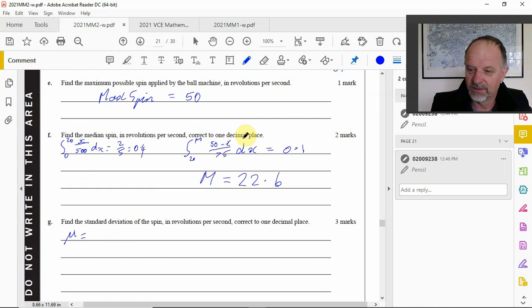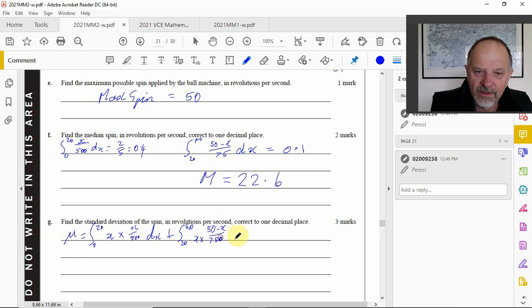And of course, this is all calculator stuff. So it's 0 to 20 of x times the x on 500 dx, plus then the 20 to 50 of x times 50 minus x on 750 dx.